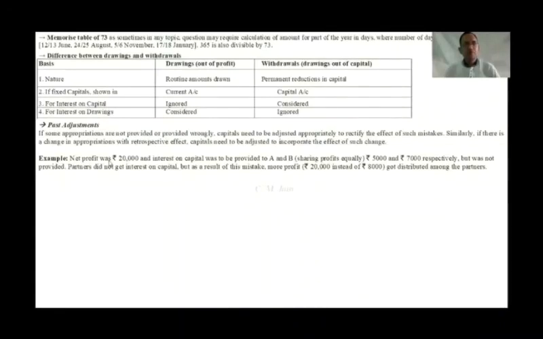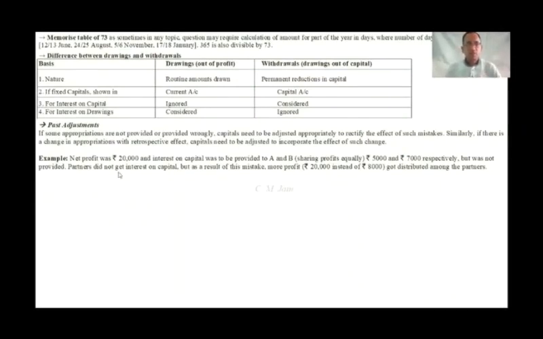Let's understand this with the help of an example. Suppose net profit was rupees 20,000 and interest on capital was to be provided to A and B, partners sharing profits equally. So interest on capital was to be provided to them, rupees 5,000 to A and rupees 7,000 to B, but was not provided. That means the entire 20,000 rupees profit was distributed among the partners equally.